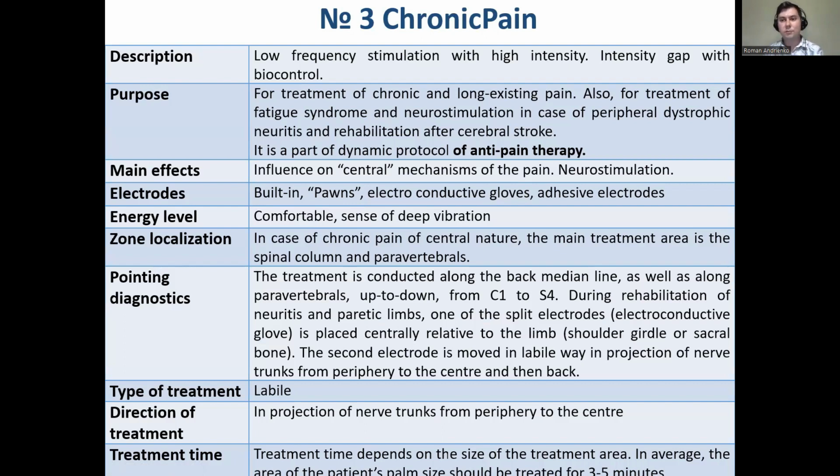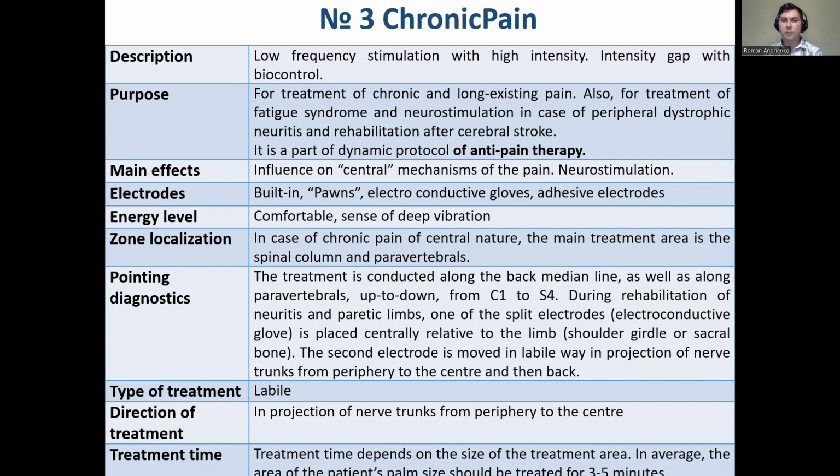Well, first of all, the name is pretty much self-explanatory, but we need it for treatment of chronic and long-existent pain, right? Right. Also, it can be used for treatment of fatigue syndrome and neurostimulation in case of peripheral dystrophic neuritis and rehabilitation after several kinds of cerebral stroke.